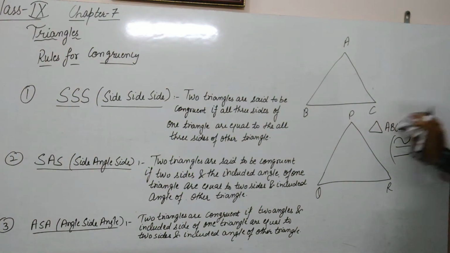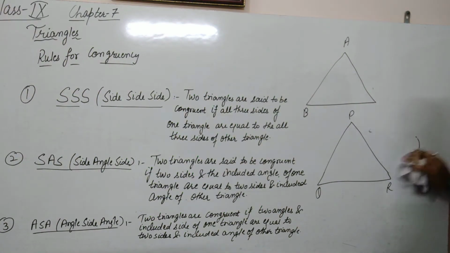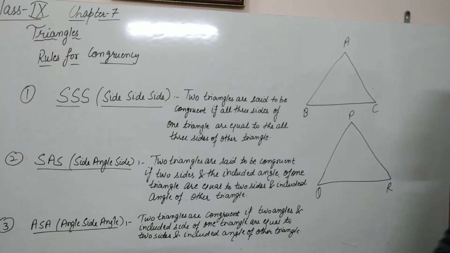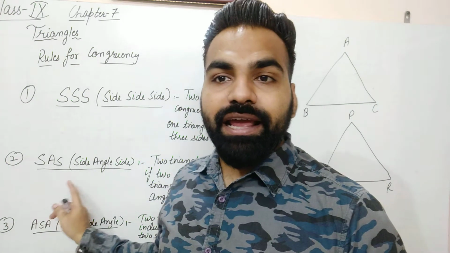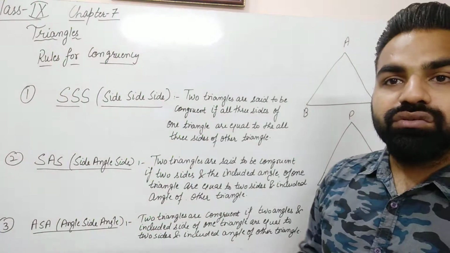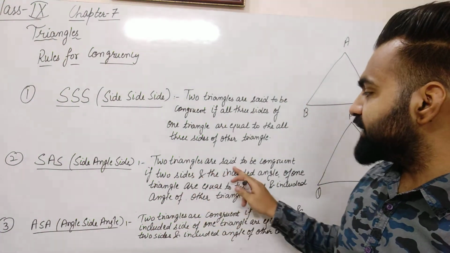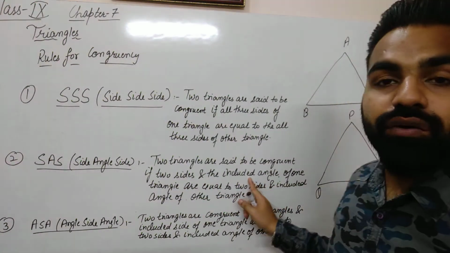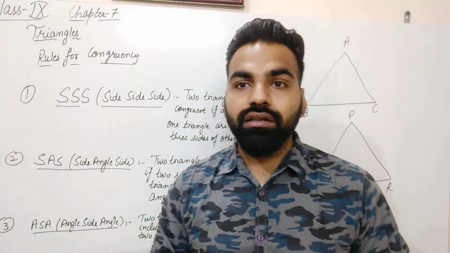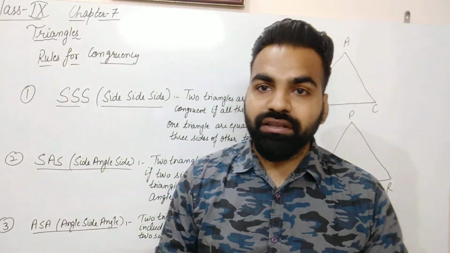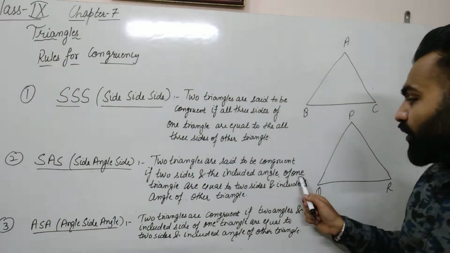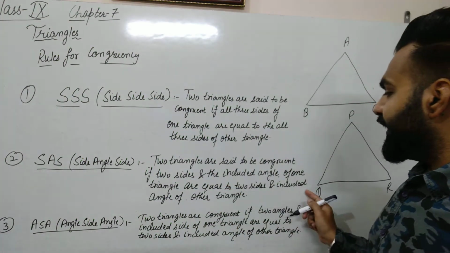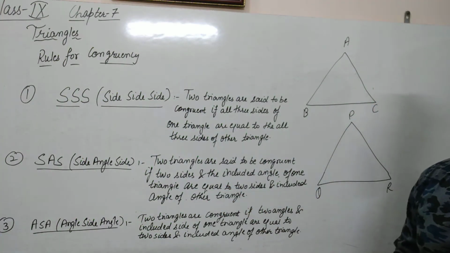Now we will study the second rule, SAS, that is side angle side. This rule states that two triangles are said to be congruent if two sides and the included angle, the angle lying between the equal sides, of one triangle are equal to two sides and the included angle of the other triangle.